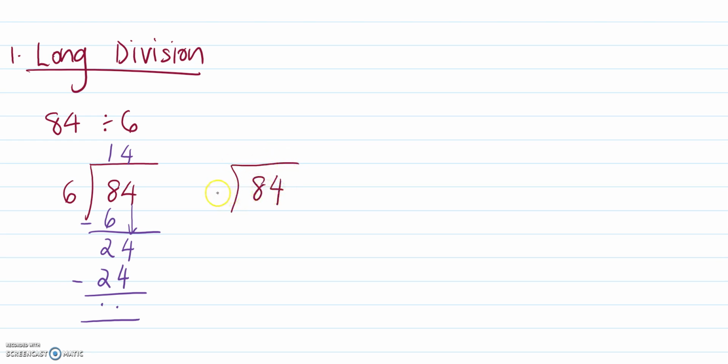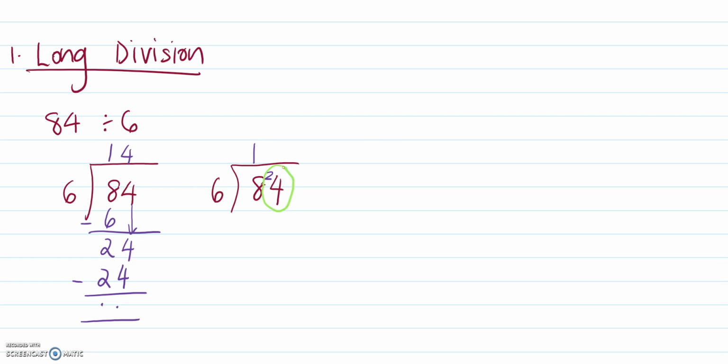So we have 84 divided by 6. 6 goes into 8 once. 1 times 6 is 6. So we do all of this mentally. If 6 goes into 8 once, what's remaining? 2. The 2 goes right next to the 4 over there. Okay? And for the second step, we only focus on that bit.